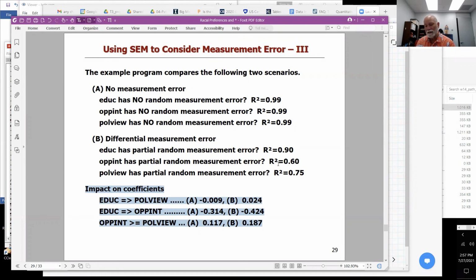Just being able to bring that informed background to the interpretation of your single equation results makes you a better researcher. It makes you more cautious about the effects. You could say, well, I could be underestimating this effect. But that would be, if it's a bivariate regression, the presence of measurement error always attenuates effects.